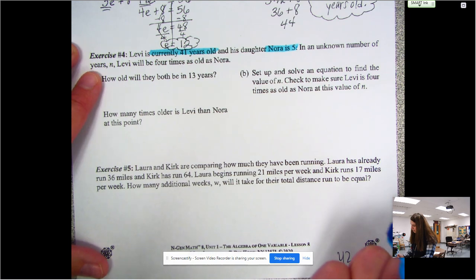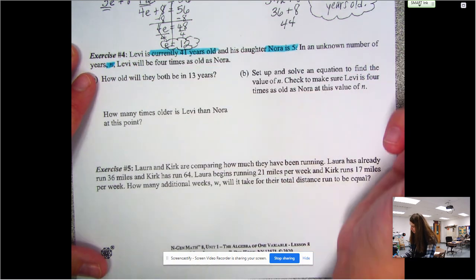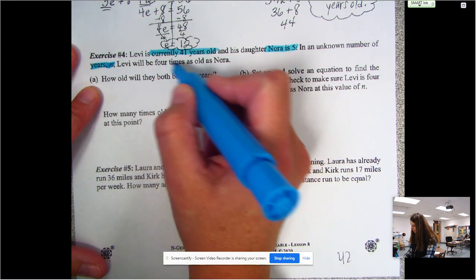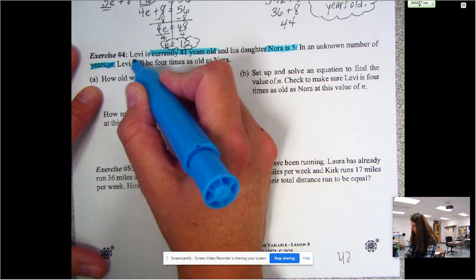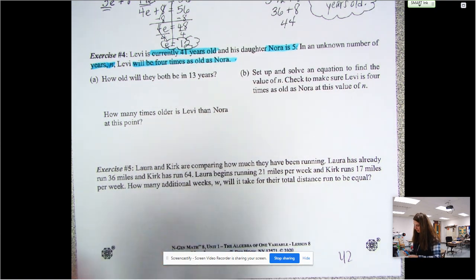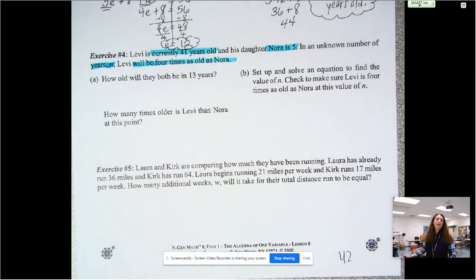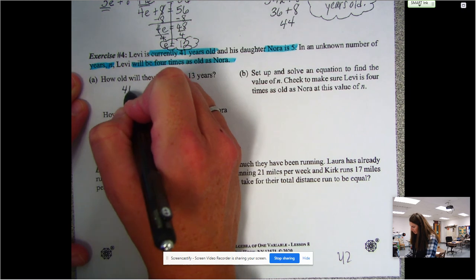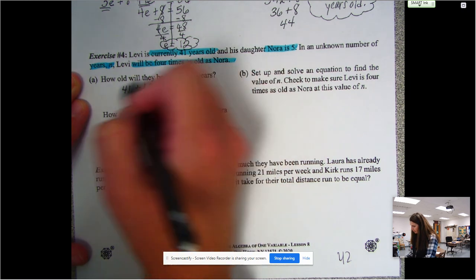In an unknown number of years, so in N years, Levi will be 4 times as old as Nora. Okay. Wants to know how old will they both be in 13 years. So we would take 41 and add it to 13 to get Levi's age.